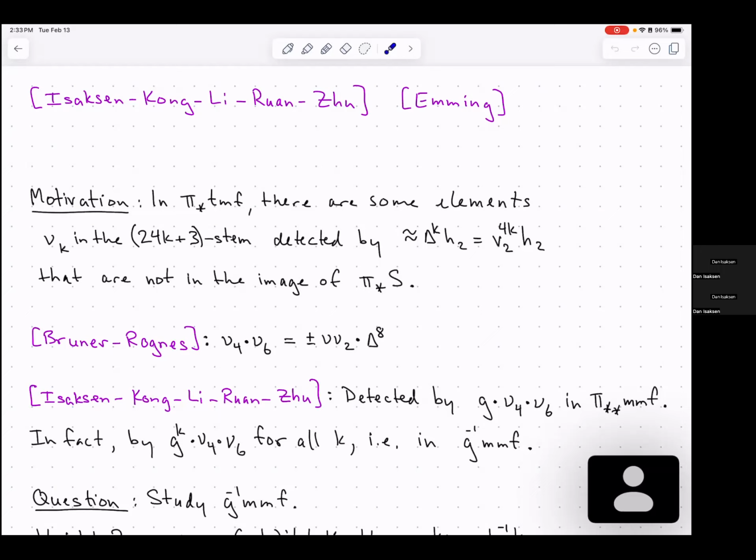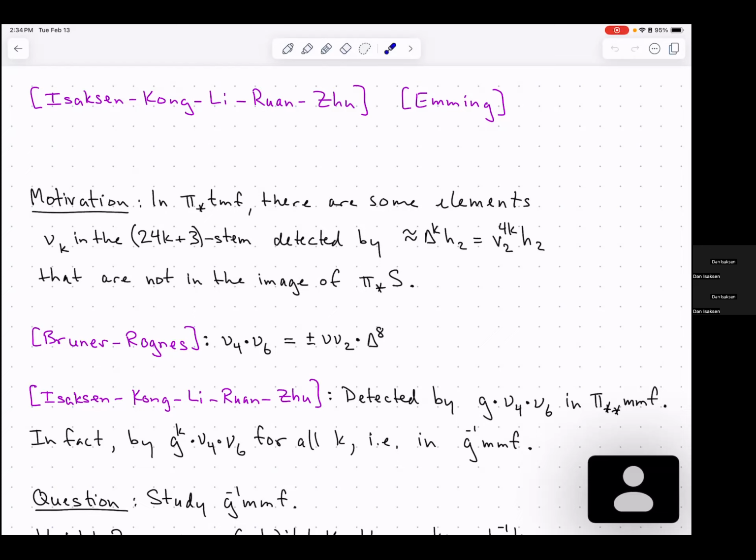I prefer Latin letters. So you look at kappa bar times nu 4 times nu 6, and study that in the homotopy of MMF. MMF is important here because classically, kappa bar times nu 4 times nu 6 is 0, so from that perspective you just don't see anything. But motivically, this product is non-zero. It's tau-torsion, but it's non-zero.